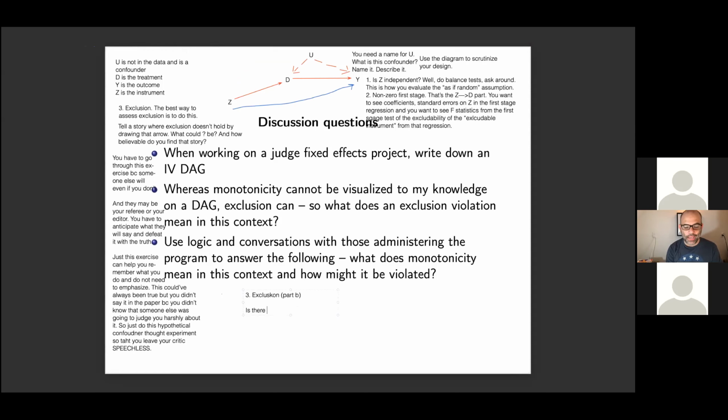Is there any possible way that your instrument, even though it's random, could influence the outcome directly instead of just via D? Tell that story, make it a good story, and then ask yourself, is there any evidence that that story could be true?